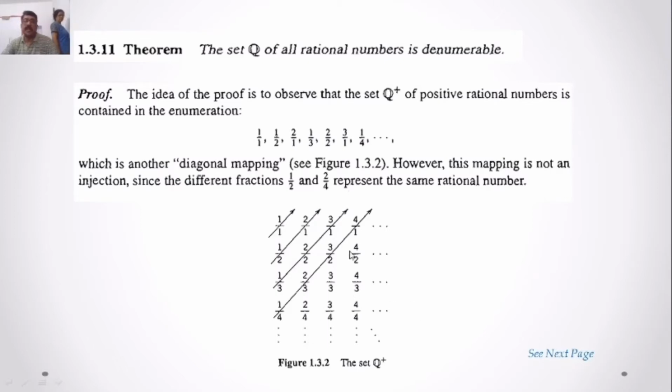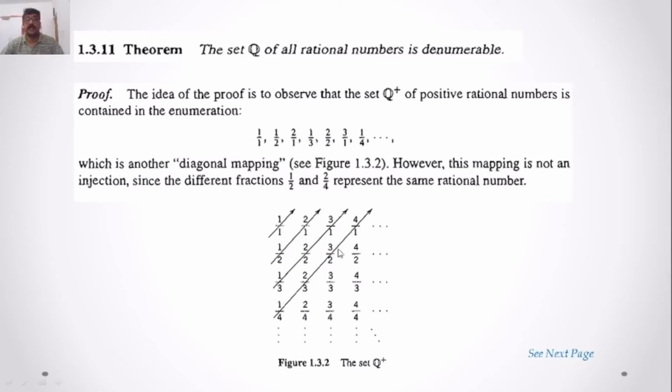After that, you rearrange the elements by taking elements diagonally. First row, 1/1 you write. Taking the elements diagonally, as in the picture, you rearrange the rationals as 1/1 in the first row, 1/2, 2/1 in the second row, 1/3, 2/2, 3/1 in the third row.